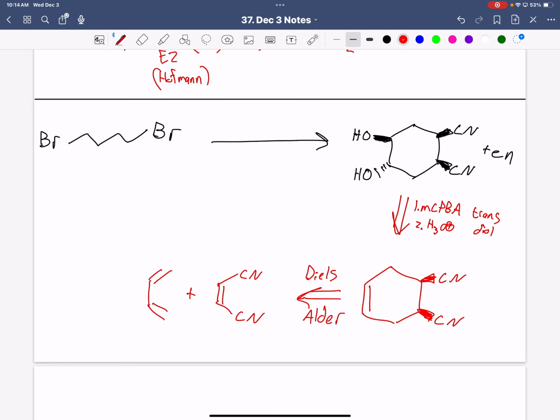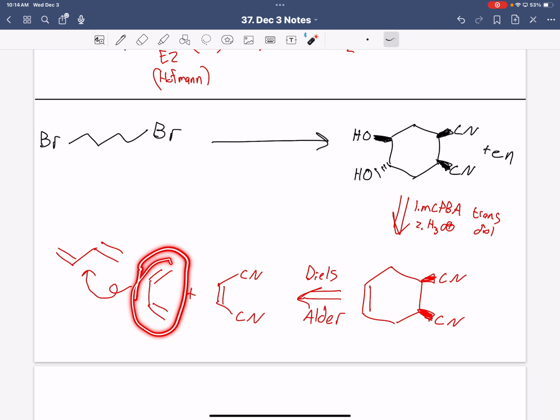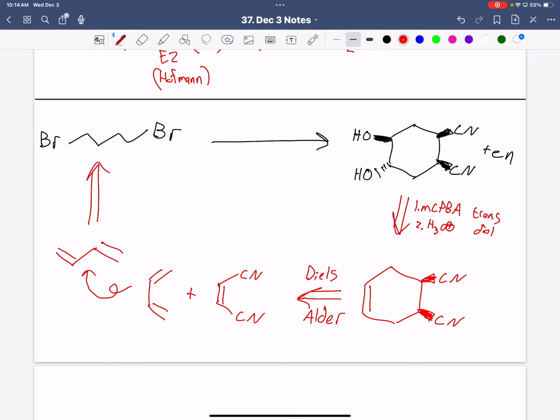You can also think of that as that, right? Just a conformation change. In solution, it probably exists like this most of the time because that's the more stable conformation, but it just rotates into this to do the Diels-Alder. But that's what it looks like, and perhaps it's easier to see than that.